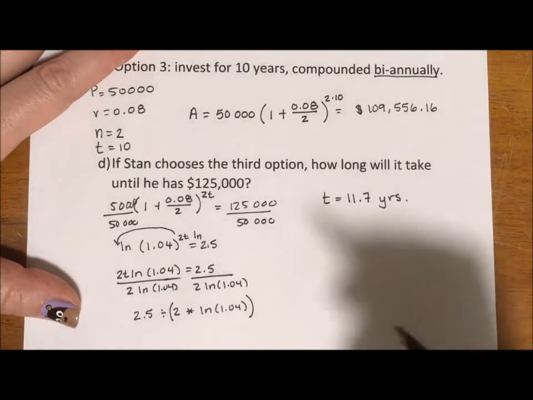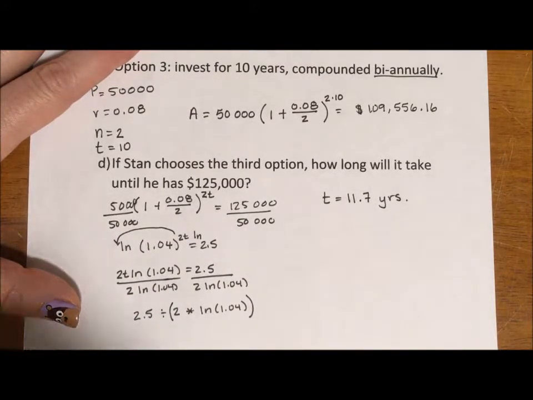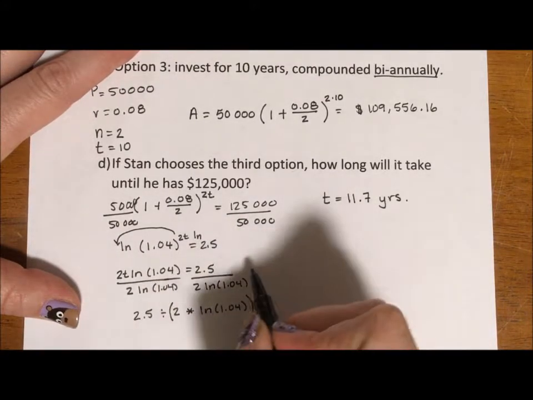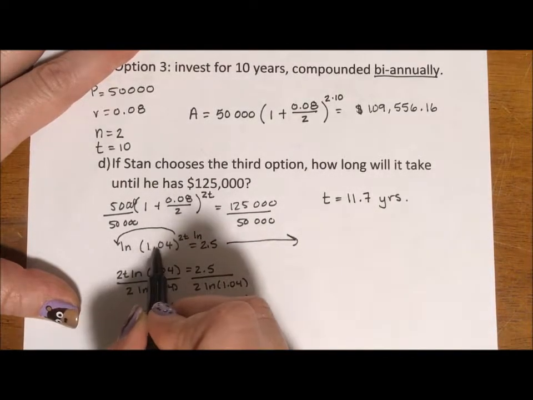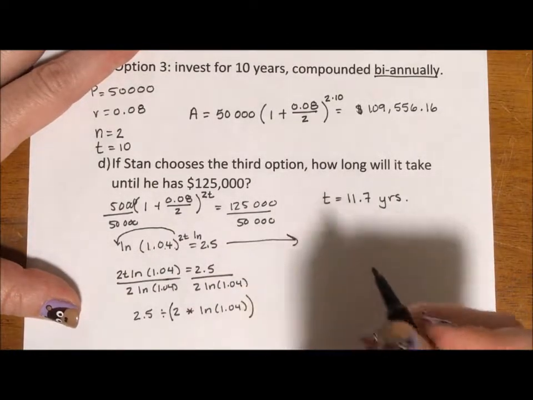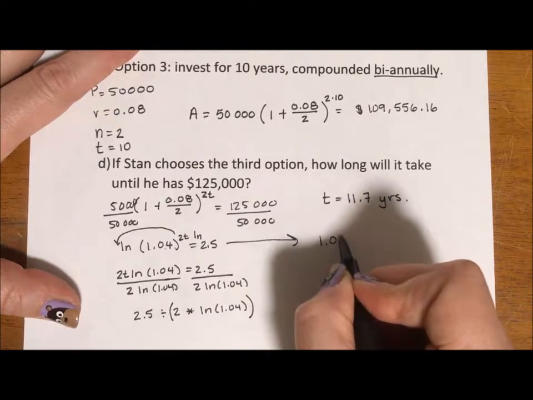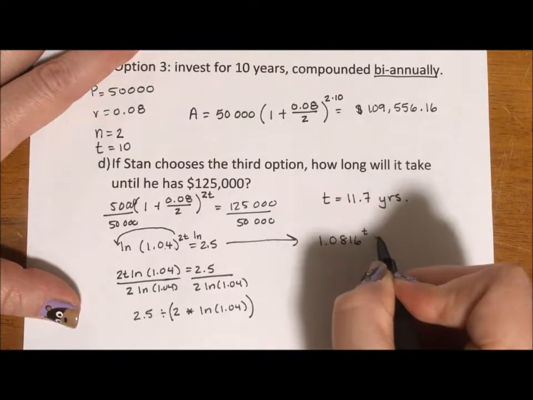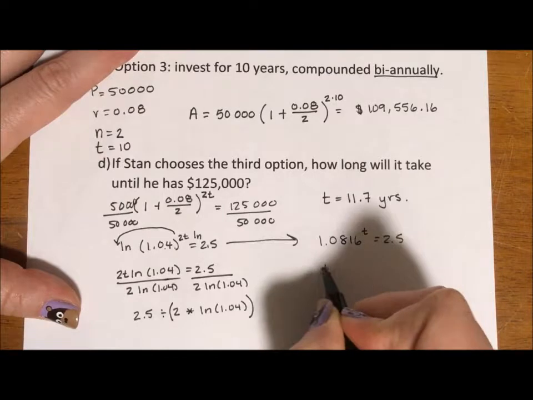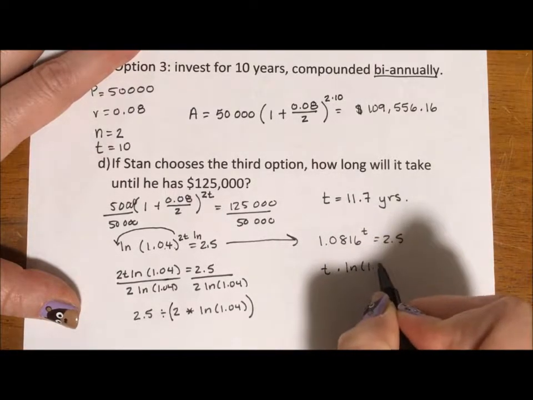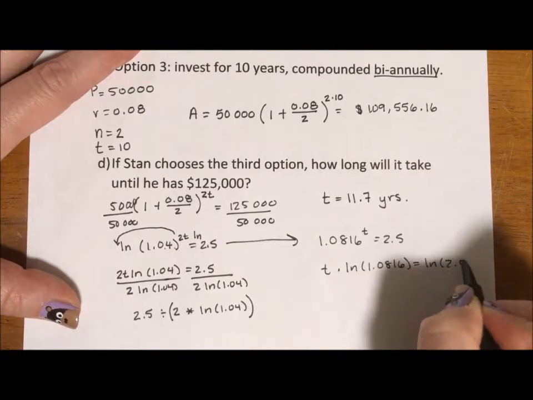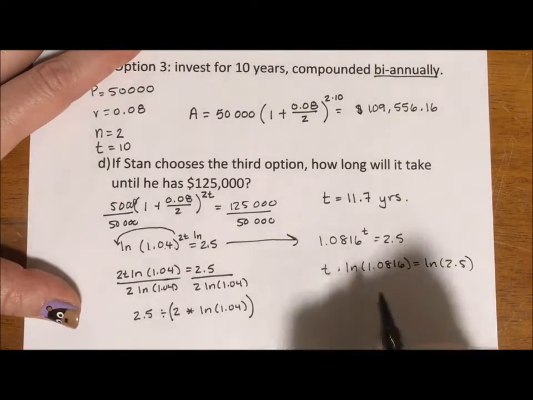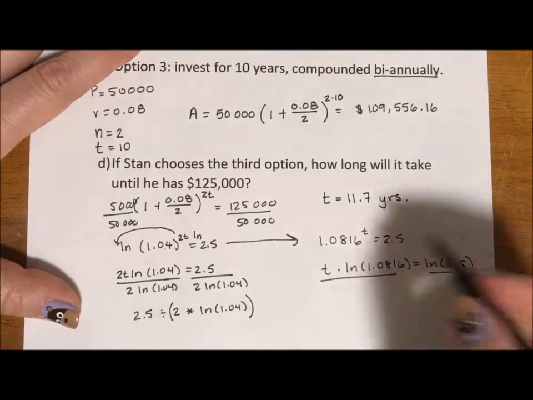Okay. Now, there is another way to do this. I'm just going to do a quick shout out to this. I could have at this point done 1.04 squared. And if I had done that, I would have had 1.0816 to the t equals 2.5. And then when I take the log of both sides, I don't have to worry about that whole division thing I just talked about, because I'm only dividing by one item.